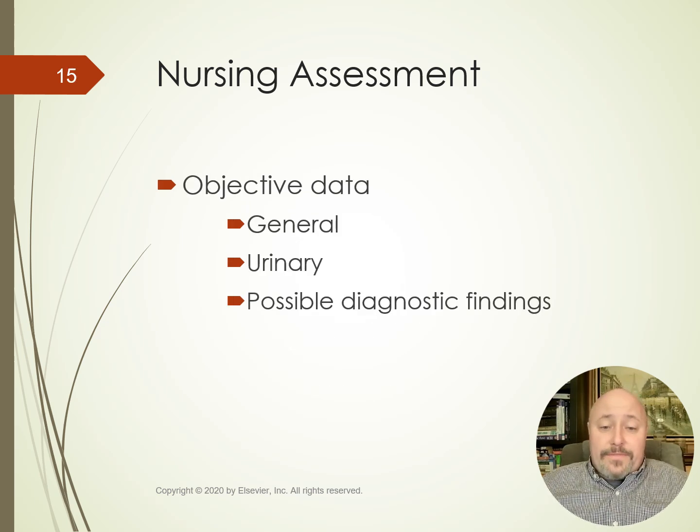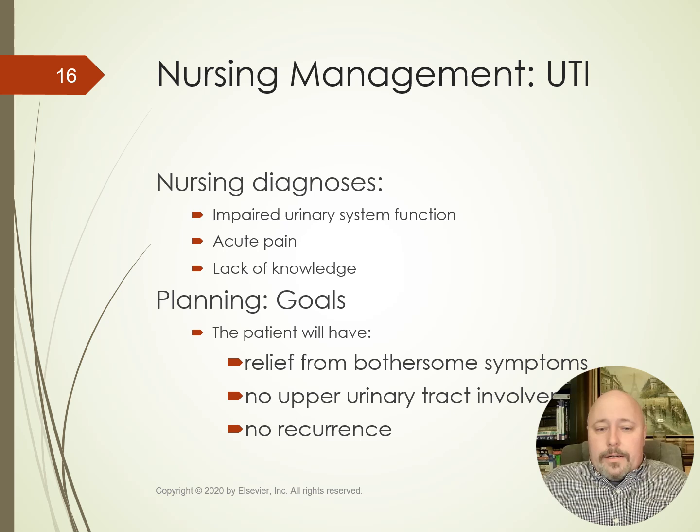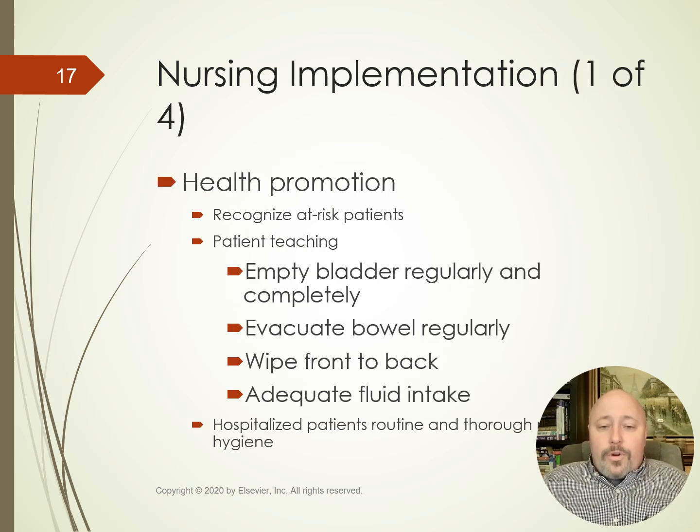While our objective data is going to be a general assessment along with a thorough, focused urinary assessment and looking at any possible diagnostic findings. Our nursing diagnoses would pertain to things like impaired urinary system function, acute pain, and planning goals such as relief of bothersome symptoms, no upper urinary tract involvement, and especially no recurrence.